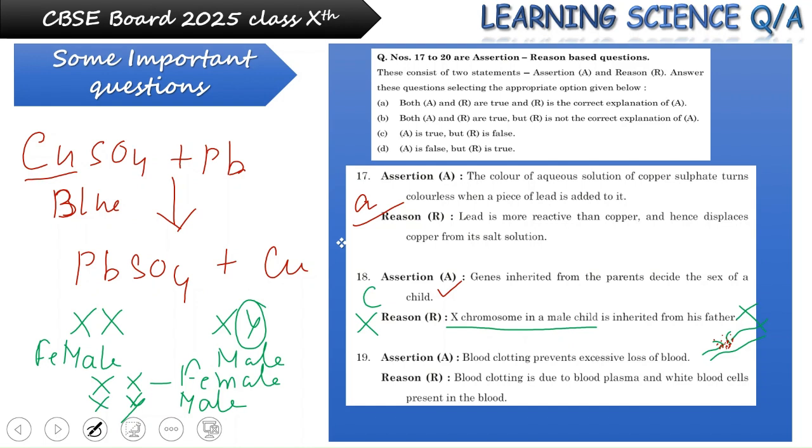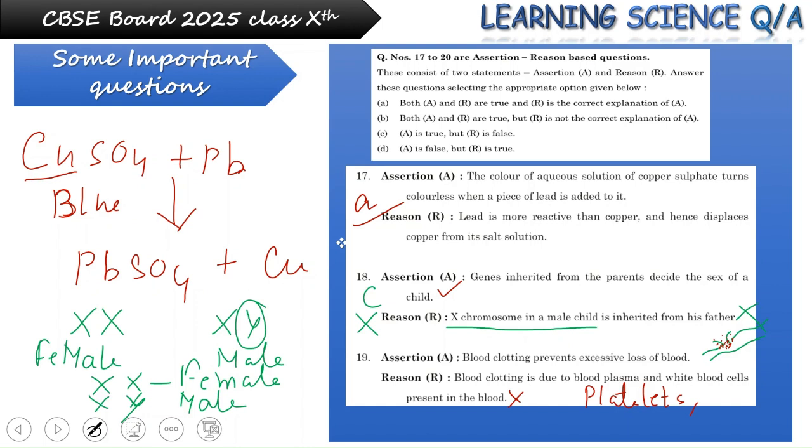Right? Now, blood clotting is due to the blood plasma and the white blood cells which are present in the blood. This is again a wrong statement because blood clotting is taking place because of the platelets and the clotting factors which are present in our blood, right? Blood plasma and white blood cells are not responsible for the blood clotting.